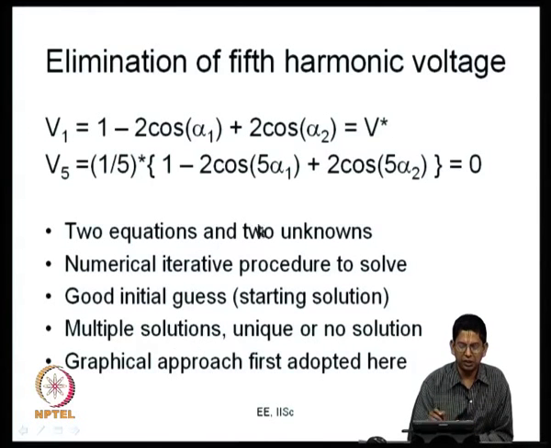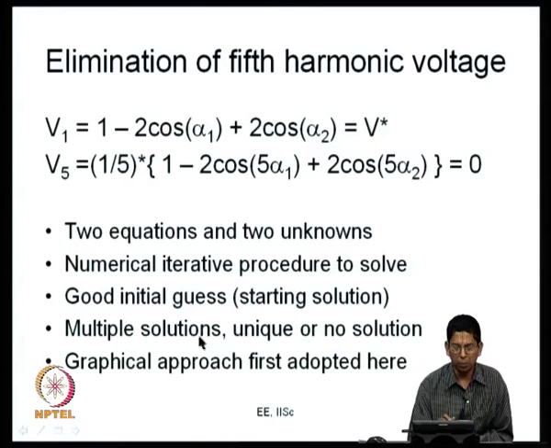Okay. So, we have seen that you have two equations and two unknowns, and therefore you can go about solving them. You can't solve them straight away, you need a numerical iterative procedure, and to solve that you need a starting solution. If you are able to make a good initial guess, it can converge much faster, and sometimes it may lead to a particular solution, sometimes to another solution depending on your starting guess.